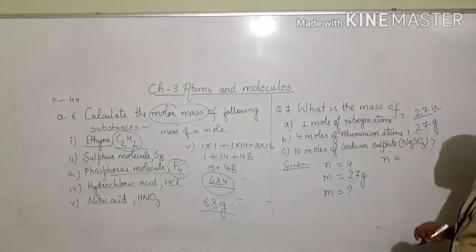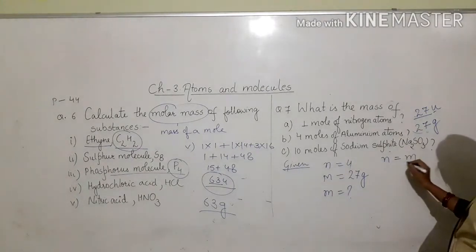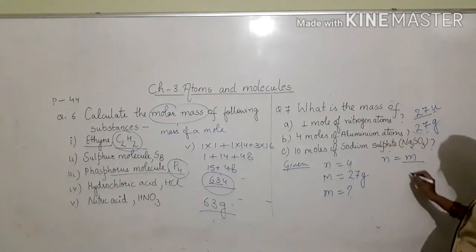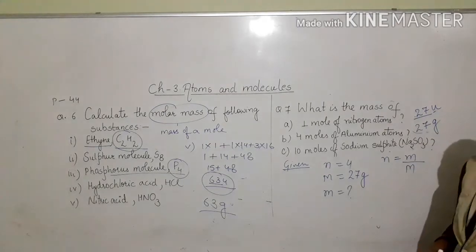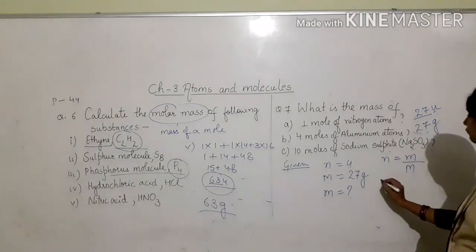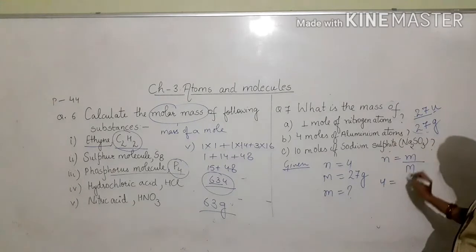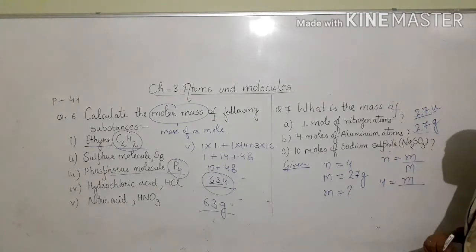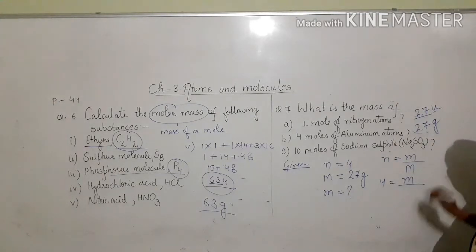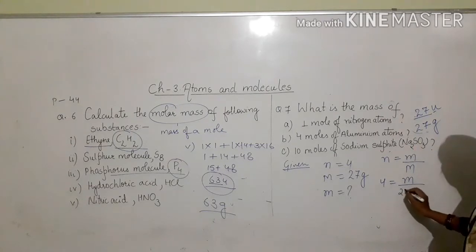Number of moles, small n, is equal to mass, small m, upon molar mass, capital M. Number of moles, 4, is equal to mass. We have to calculate this upon molar mass, 27 gram.